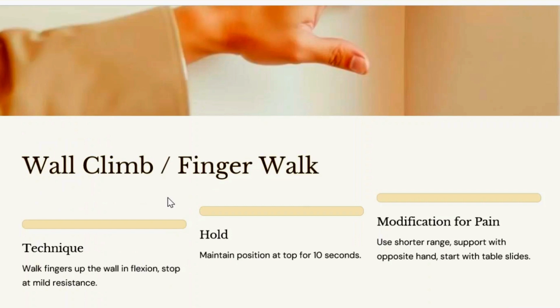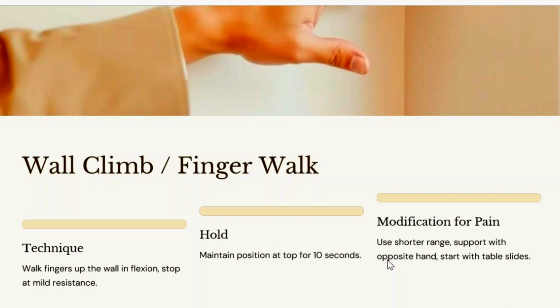Wall climbing, as you know: finger walk the fingers up the wall in flexion, stop at the mild resistance the patient can feel, and maintain position at top for 10 seconds and hold that. Modification, if you want: use a shorter range, support with the opposite hand.